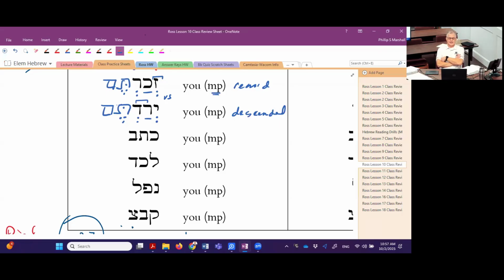Make sure you get your English glosses for those verb meanings down, and then I will do the great reveal.